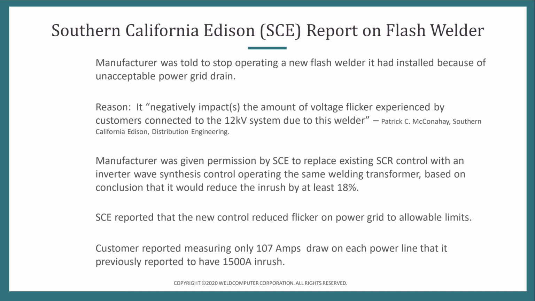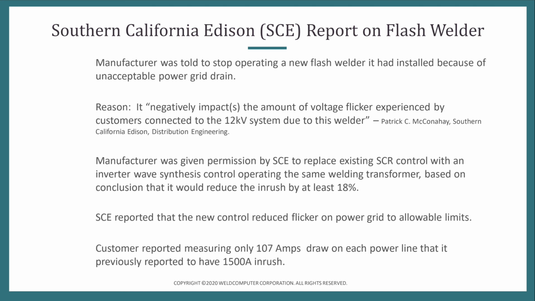And here was a case of a company that had a single-phase AC flash welder that was supposedly drawing 800 amps. The power company told them not to install it, that they don't have enough power to run this thing. And they didn't listen, and they went ahead and put it in anyway, and they took out the fuses on the telephone pole and made the power company very unhappy.